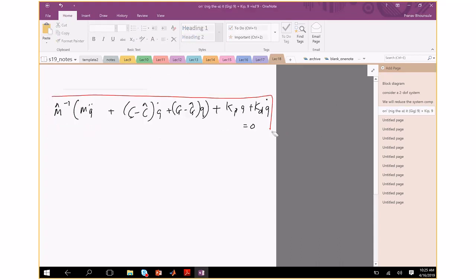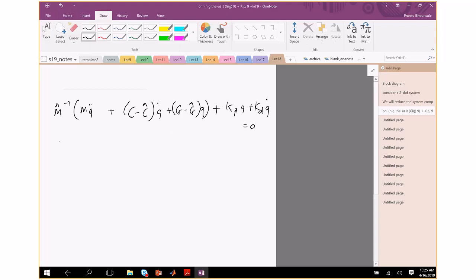So that's my equation. What I'm going to do now is assume we have a perfect model, which means I know what m hat is, it's just equal to the mass. And I know what c hat is, it's just equal to c. And I know what g is, it's equal to g hat.